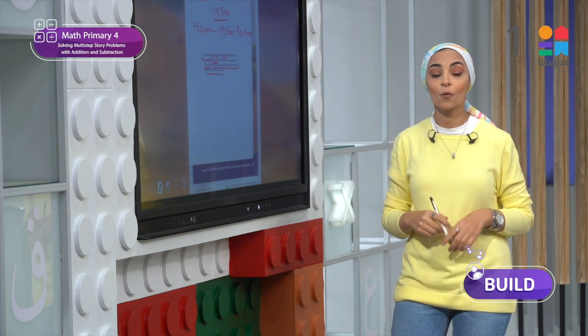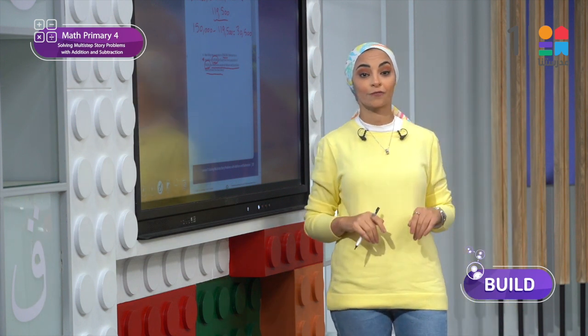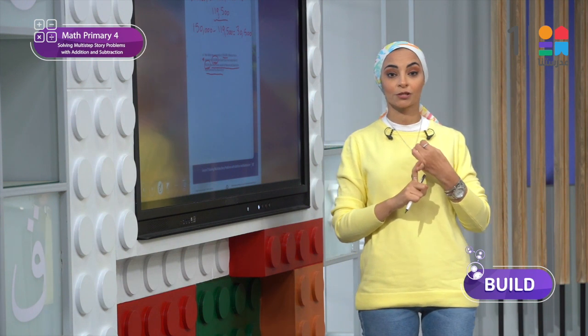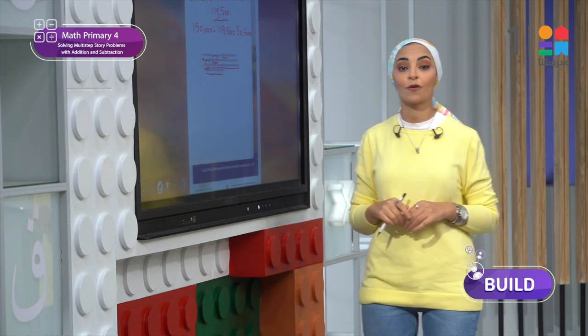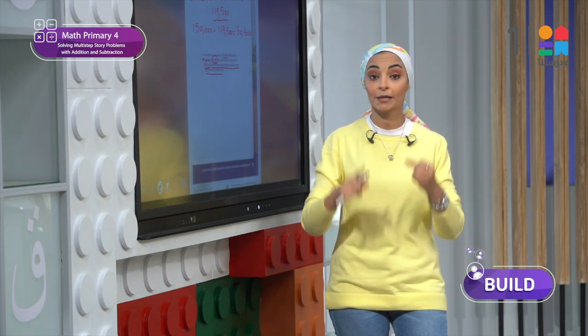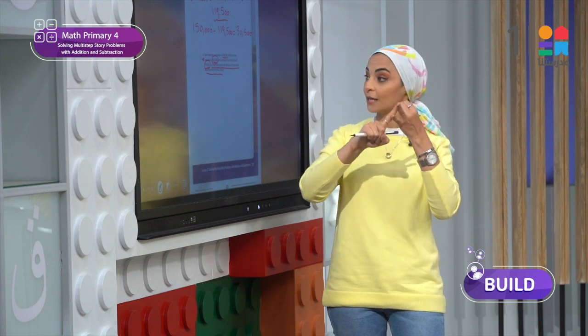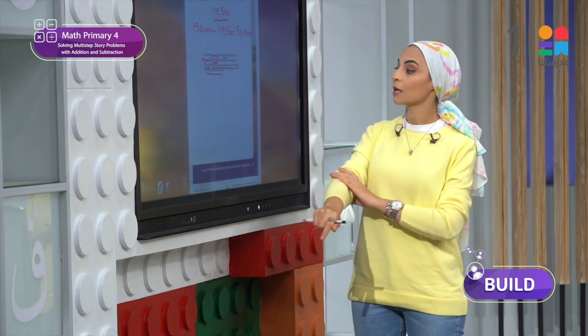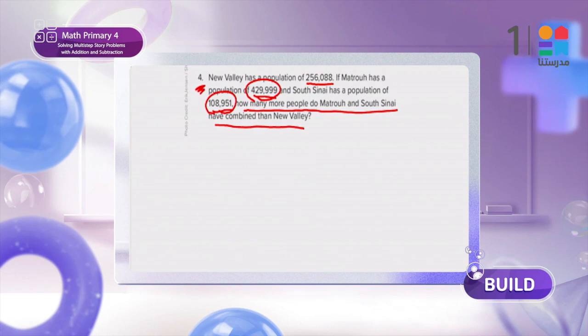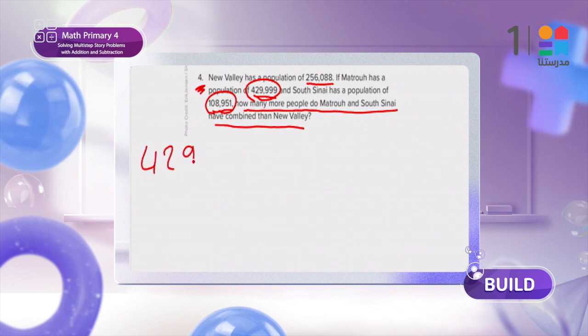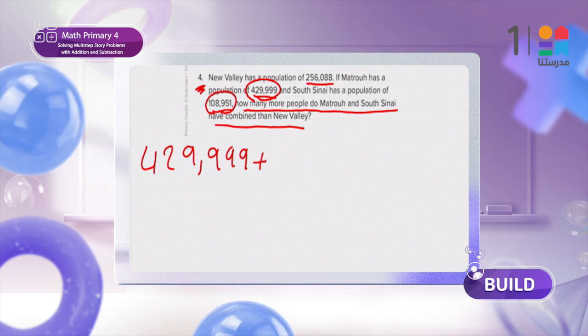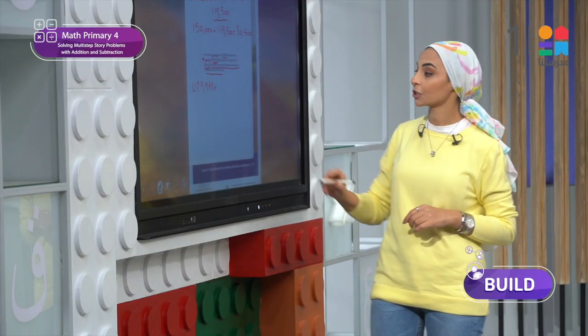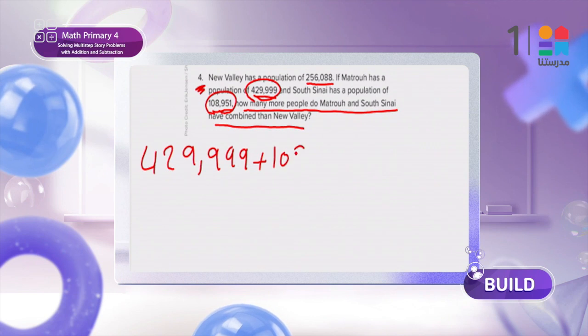What will I do? So I need to answer the hidden question first. First thing, I will answer the hidden question. We will use addition to find the total number of people in Matruh and South Sina. So I will add these two numbers to each other. Matruh is 429,999 plus the population in South Sina, which is 108,951.